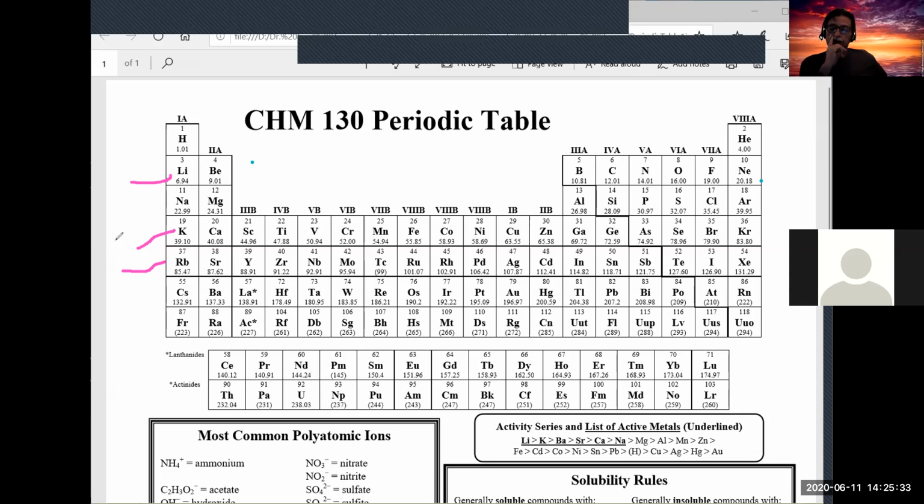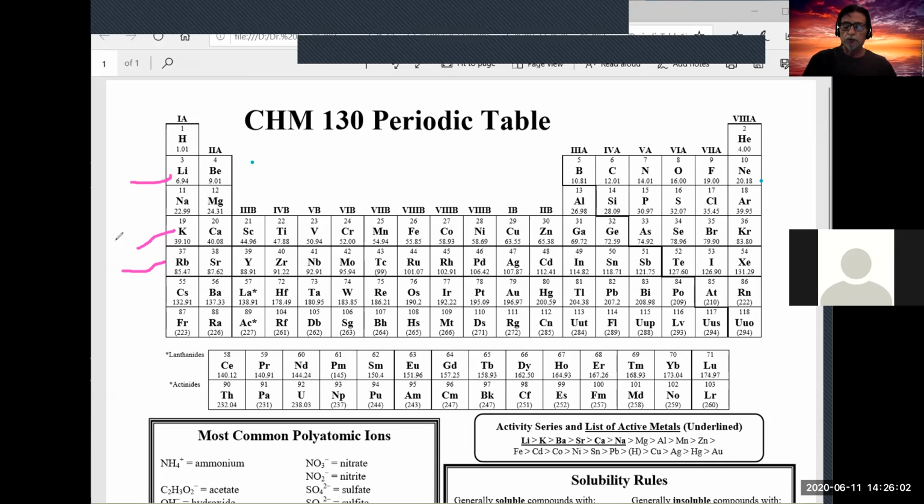But for Rb, that valence electron is in the fifth energy level: 1, 2, 3, 4, 5. Fifth energy level, compared to lithium, whose one valence electron is in the second energy level. And so Rb's valence electron is way out there, so it doesn't interact very tightly with the nucleus and the protons.